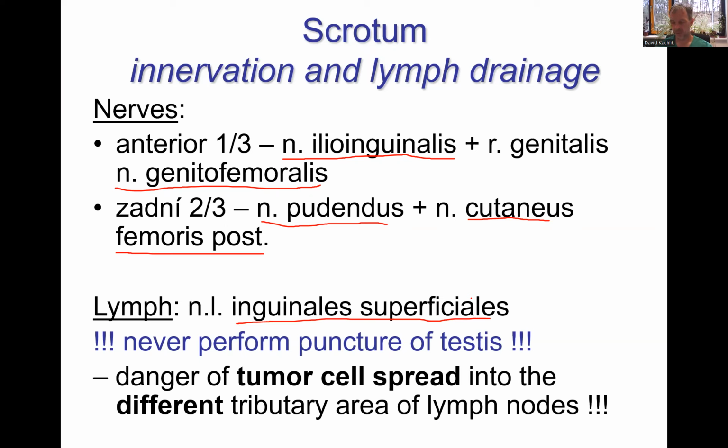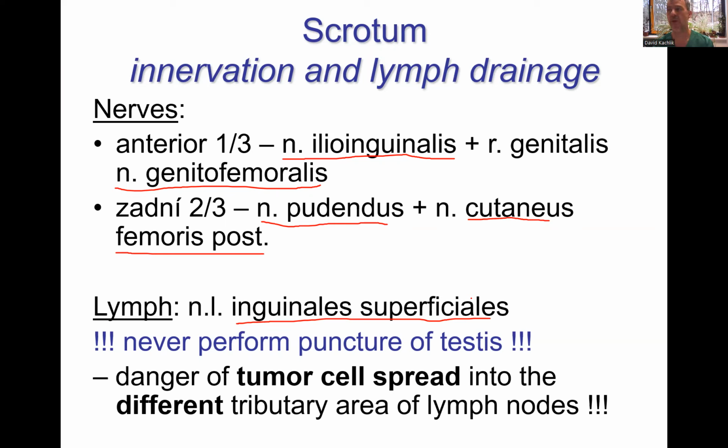So in case you have a suspicion of a tumor in the testes, you would not perform a puncture. In suspicion of this, you just remove the whole testis. Otherwise, during puncture, you can spread the tumorous cells with the needle from the testis to the scrotum, and you then would involve another large layer.